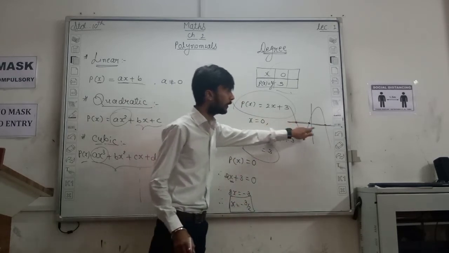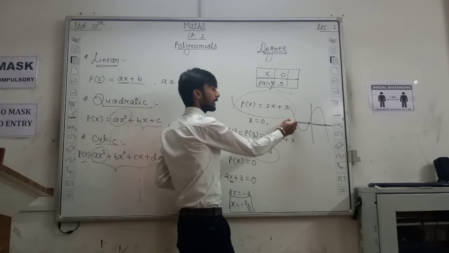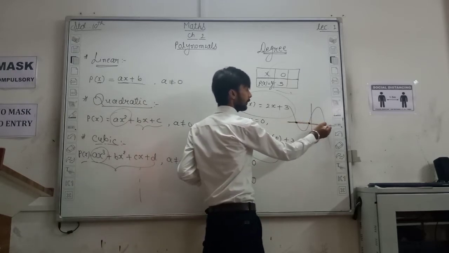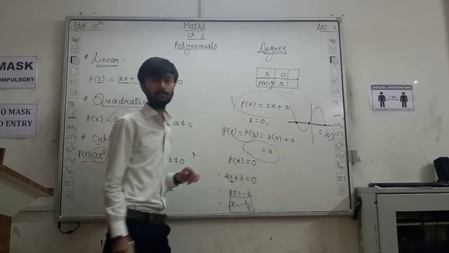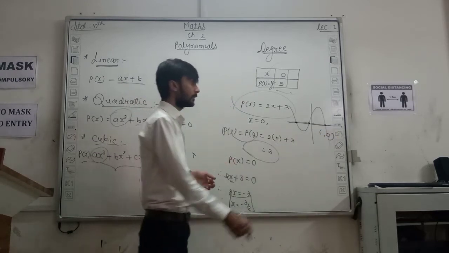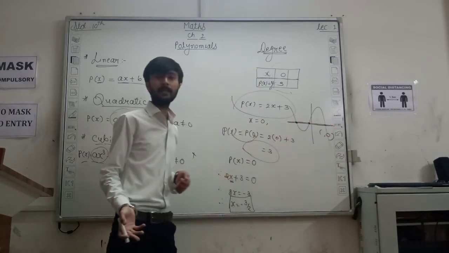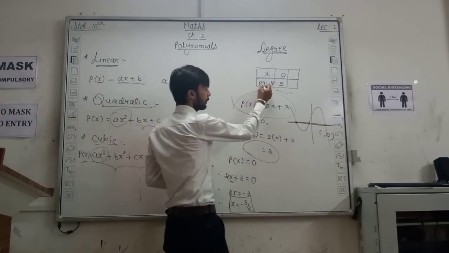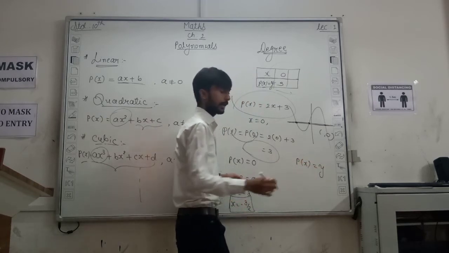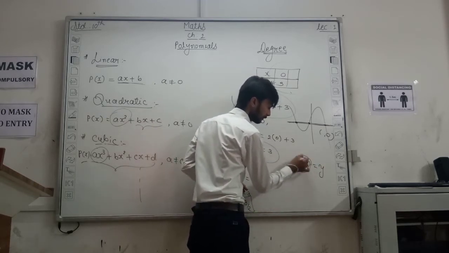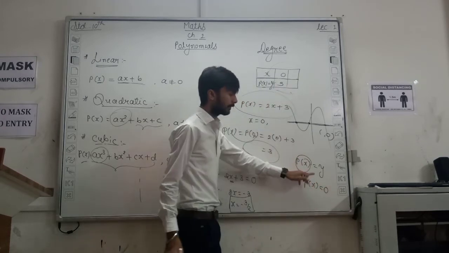Because there are 3 points, and we know that any point on the x-axis has y coordinate 0, right? y is 0 on the x-axis. That means p of x equals y, which is 0.